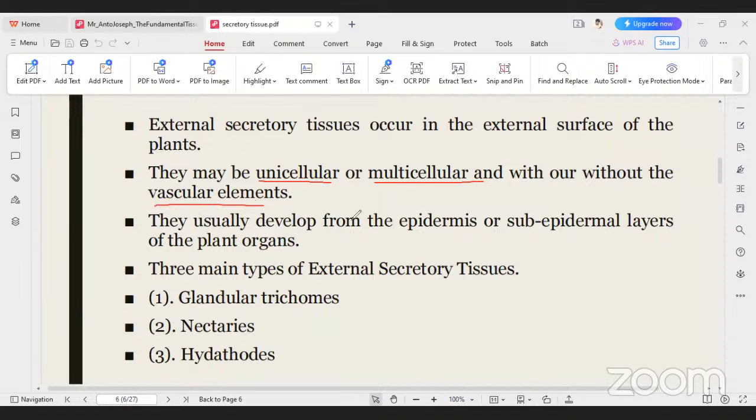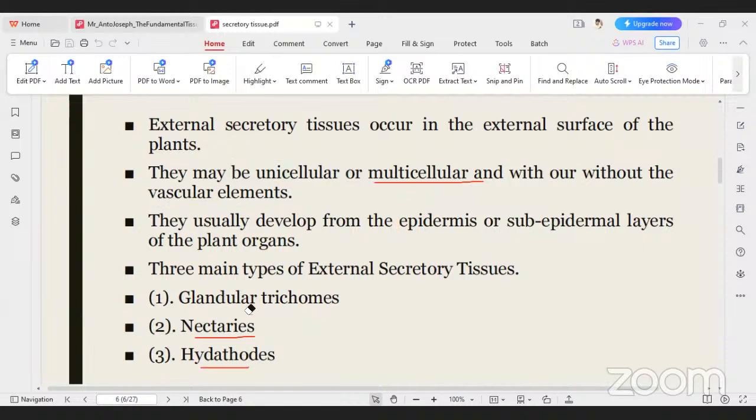They usually develop from the epidermis. Most of these hairs develop from the epidermal region or subepidermal layer of the plant organ. The three main types of external secretory tissues are the glandular trichomes, nectaries, and hydathodes. These are the major three.